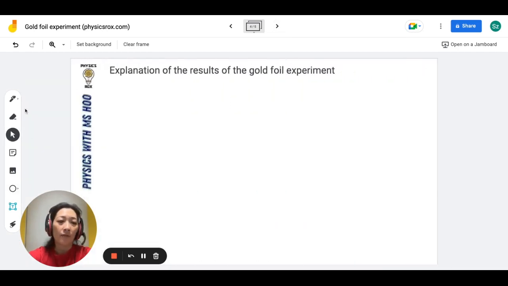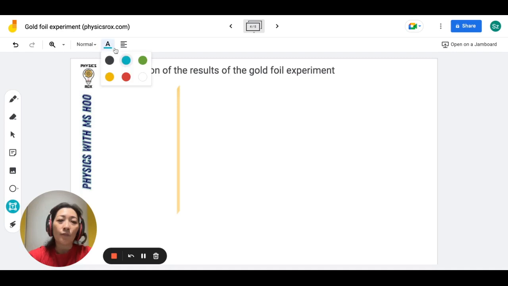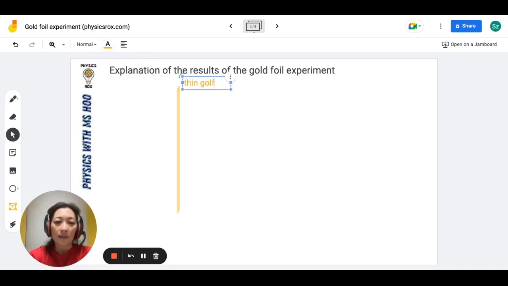To explain the gold foil, I'm just going to do a quick sketch of the gold foil, 2D style. Let's say we're looking at this from the side. Say this is the very thin piece of gold foil. It has to be extremely thin because we're trying to get the gold foil to be 1 atom thick.